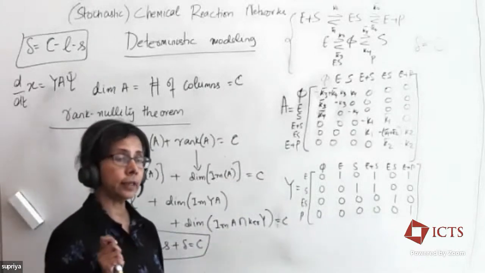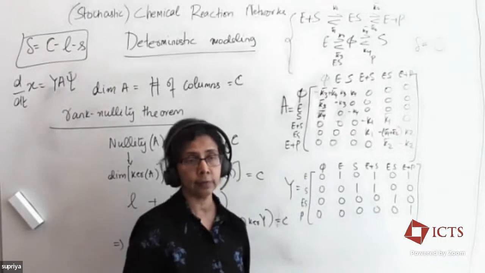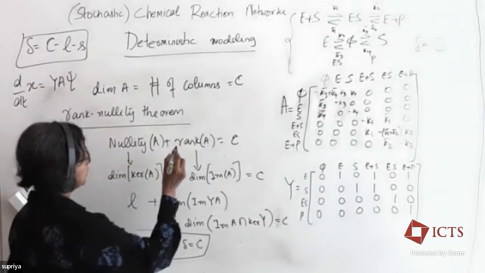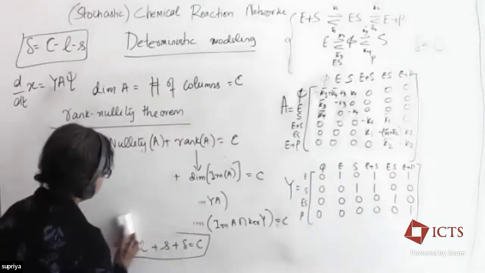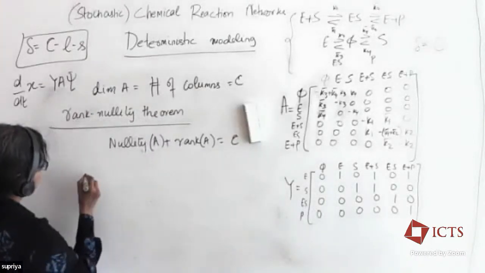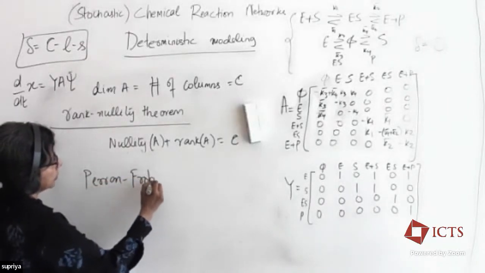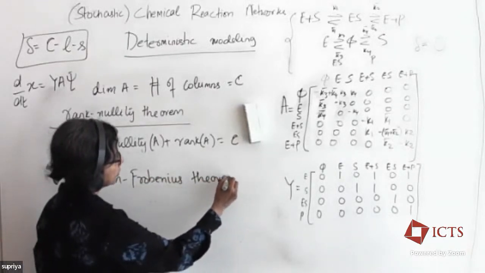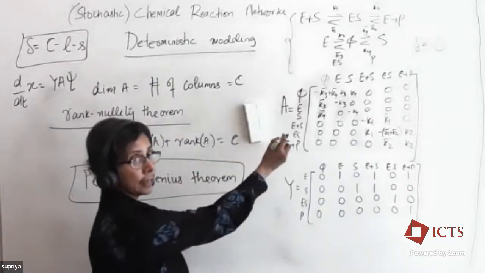And for that, we will use yet another relation from a very famous theorem from linear algebra, and that's called the Perron-Frobenius theorem. So we will use this theorem to understand something about the null space of A.